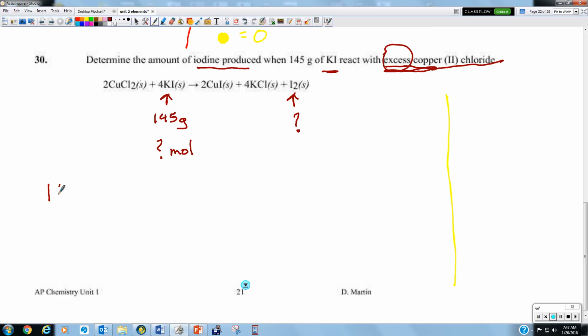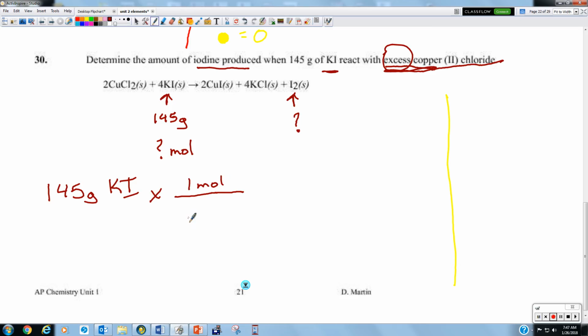So we'll start off with 145 grams of potassium iodide. What's my next step? I need to convert the mass to moles. So I have 1 mole.